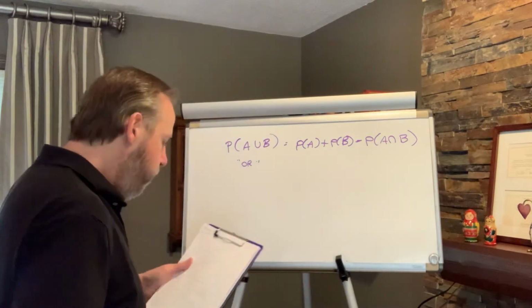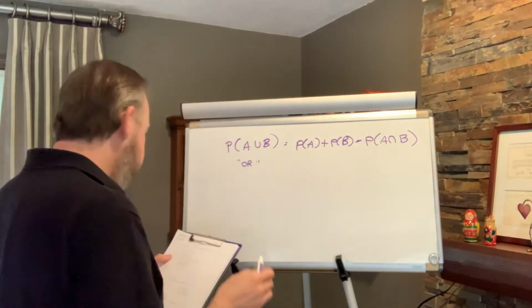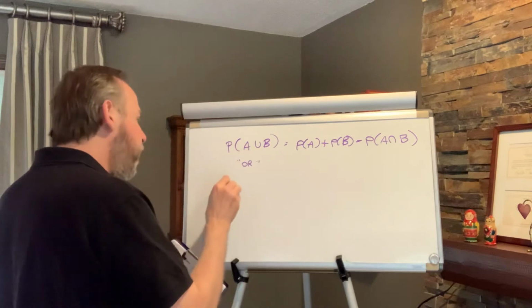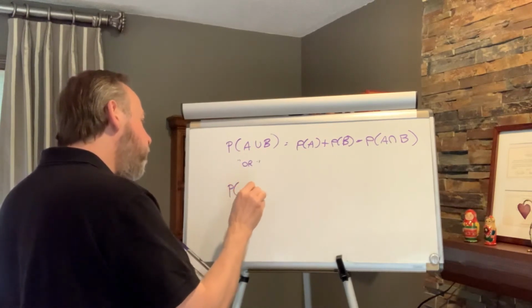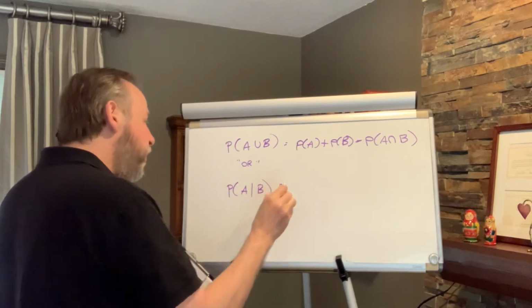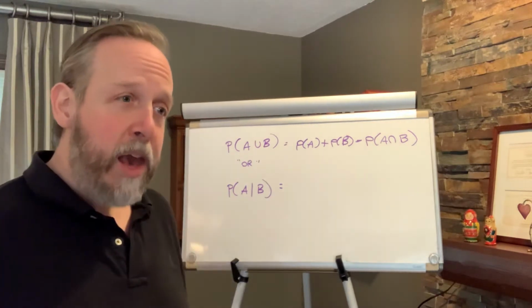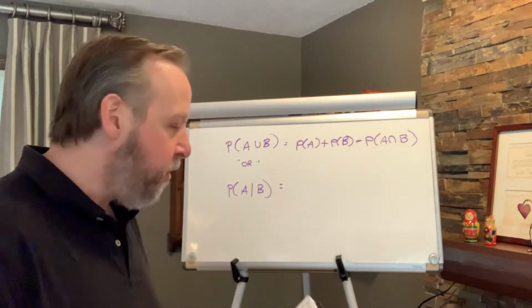All right. We also have conditionals. I know that I've shown you this notation before. That's the probability of A given B has occurred.